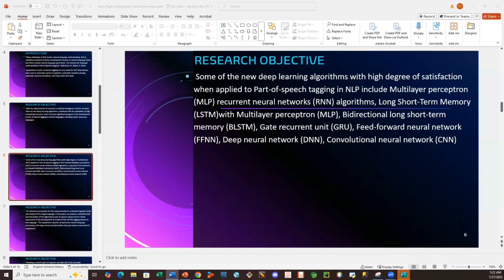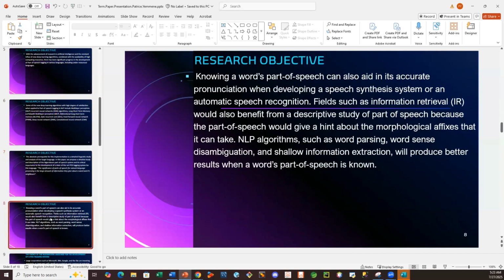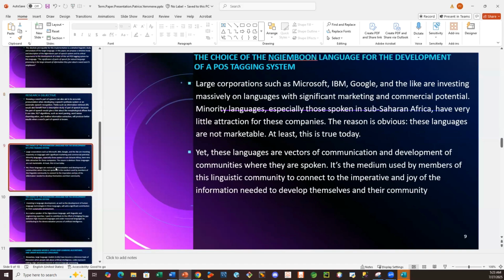Natural language processing algorithms such as parsing, word sense disambiguation, and shallow information extraction will produce better results when a word's part of speech is known. These are the reasons why we thought that the first step in developing NLP systems in this language is to describe in detail its part of speech system.